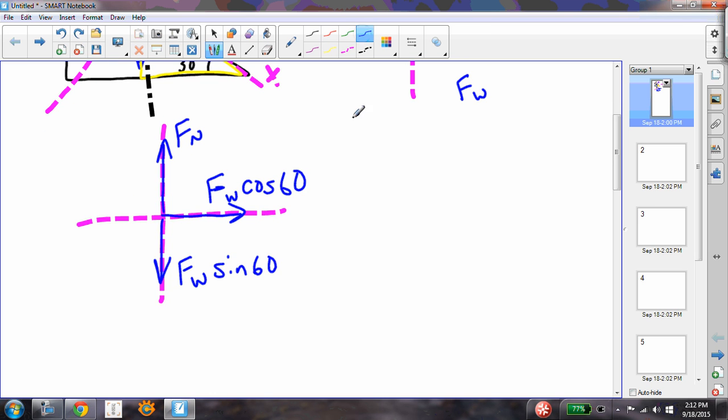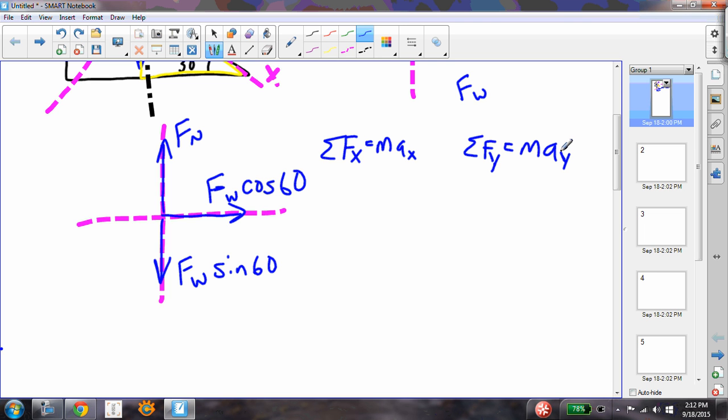Now I apply Newton's second law. I say the sum of the forces in the x direction and the sum of the forces in the y direction, in both of these cases, are equal to ma in the x direction or ma in the y direction.